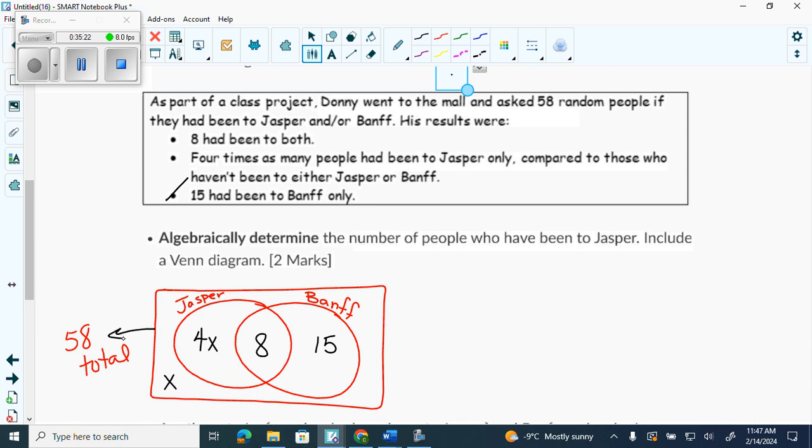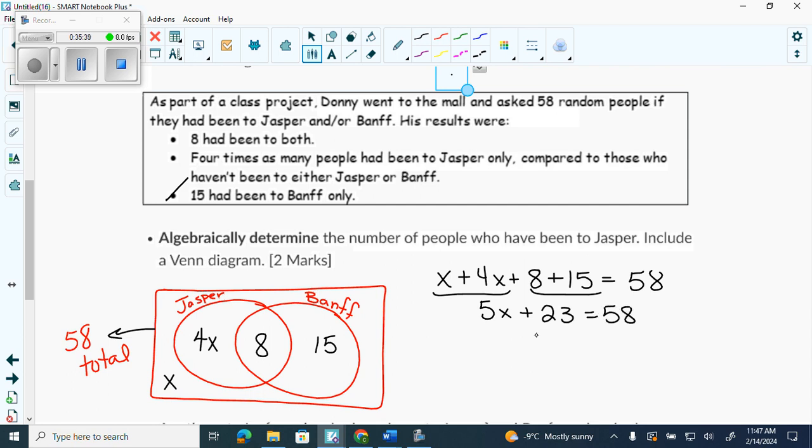Cool. Let's go. So we go x plus 4x plus 8 plus 15 equals 58. 5x plus 23 equals 58. Subtract 23.